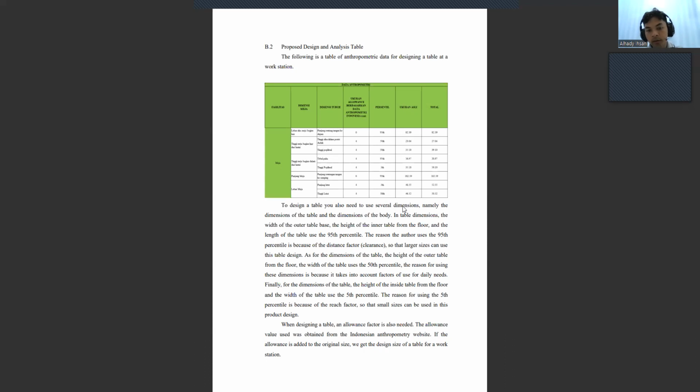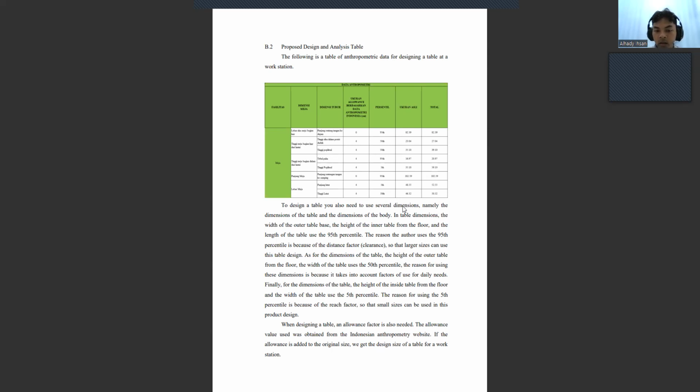50th percentile. The reason for using this dimension is because it takes into account factors of use for dialing. Finally, for the dimension of the table, the height of the inside table from the floor and the width of the table use the fifth percentile. The reason for using the fifth percentile is because of the reach factor, so the small size can be used in this product design.